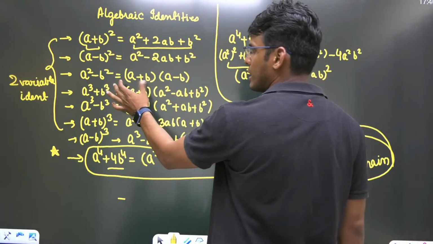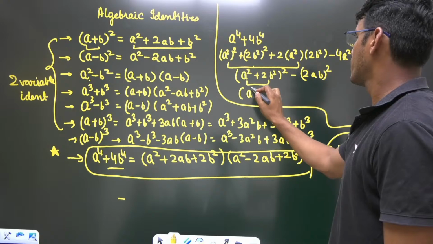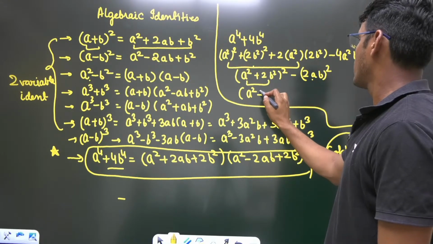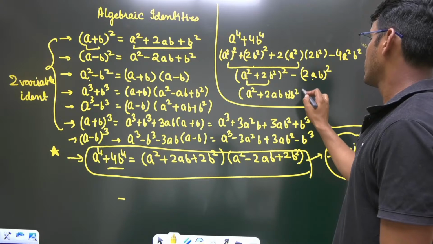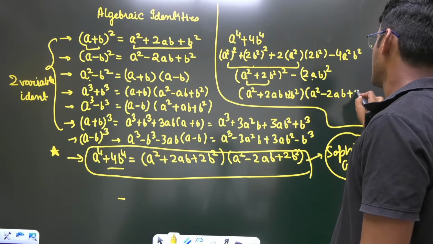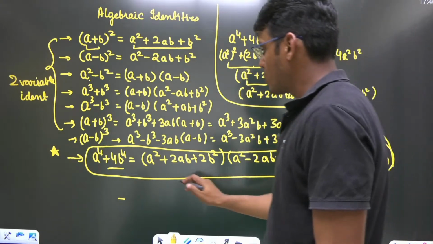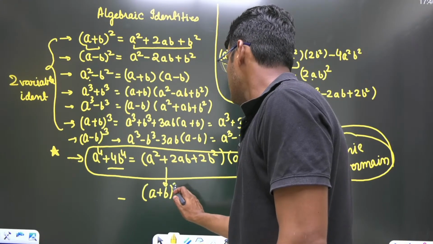I'll use this identity, this plus this. So this expression plus this, but I will obviously write it in decreasing power of b. Okay. Some people also remember it like this.